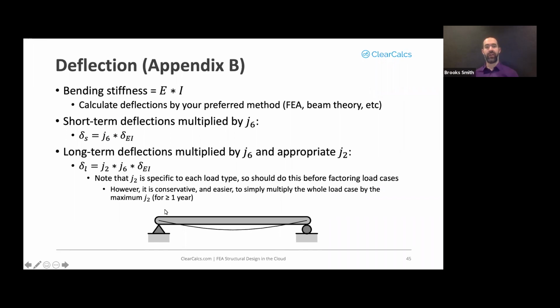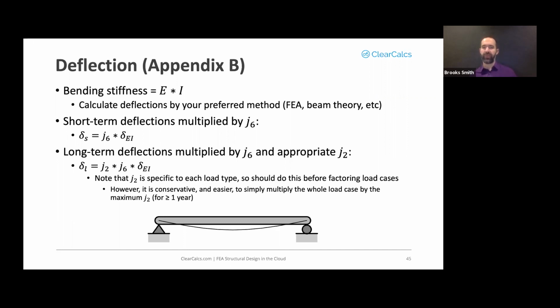Finally, going to deflection, your bending stiffness for deflection is simply E times I. Standard definition here. You can calculate deflections by whatever your preferred method is, using finite element analysis, using classical beam theory equations, 5WL to the fourth over 384 EI, for example. Calculate your deflections, and then you adjust them.